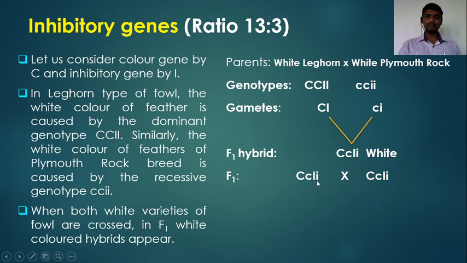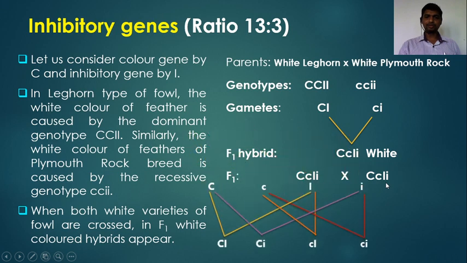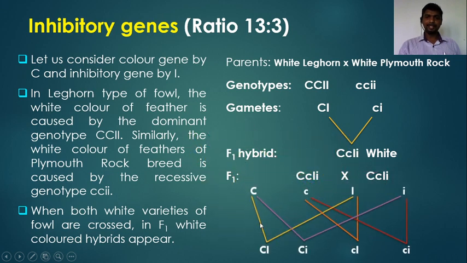When this F1 is inbred, meaning Cc Ii is crossed with the same genotype Cc Ii, the gametes produced are CI, Ci, cI, and ci. These are the gametes produced by the parents in F1 inbreeding or F1 selfing.